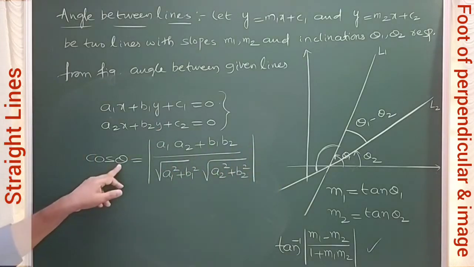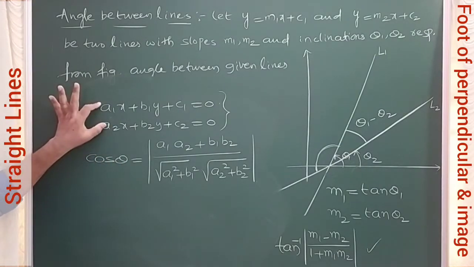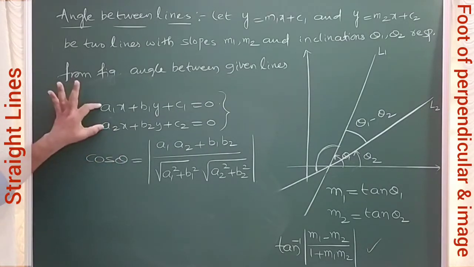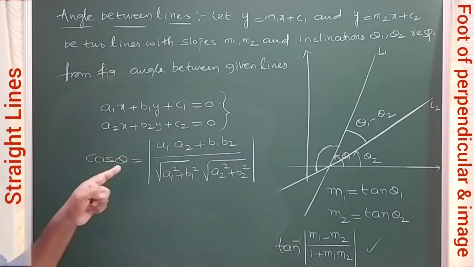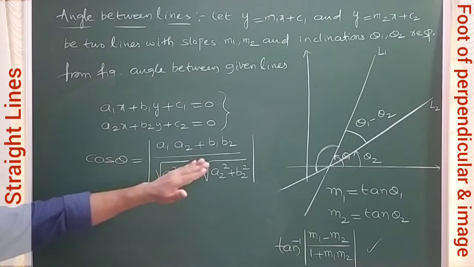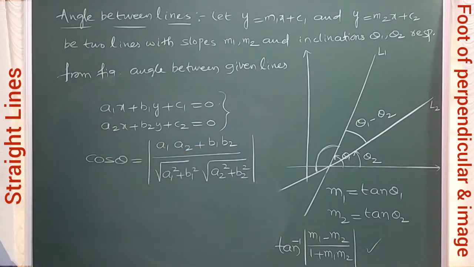So if theta is the angle between these two lines, this is the formula to find that theta. Theta can be written as cos inverse of this part.